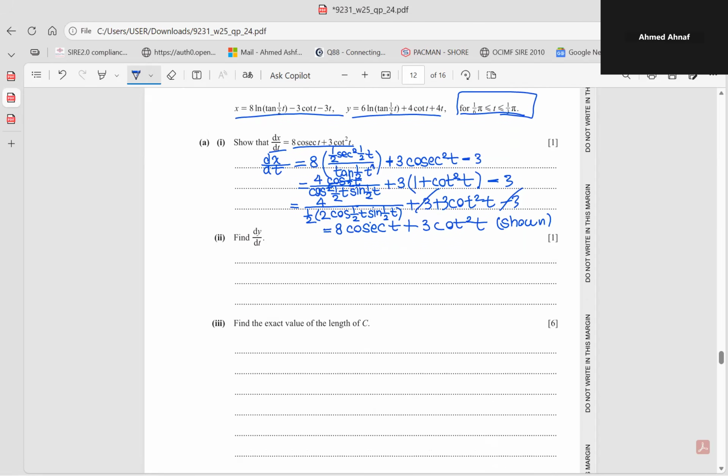Let's move on to the next part where we have to find dy/dt. Okay, so to find dy/dt, let's differentiate that. So 6 ln, it's almost the same form as this.